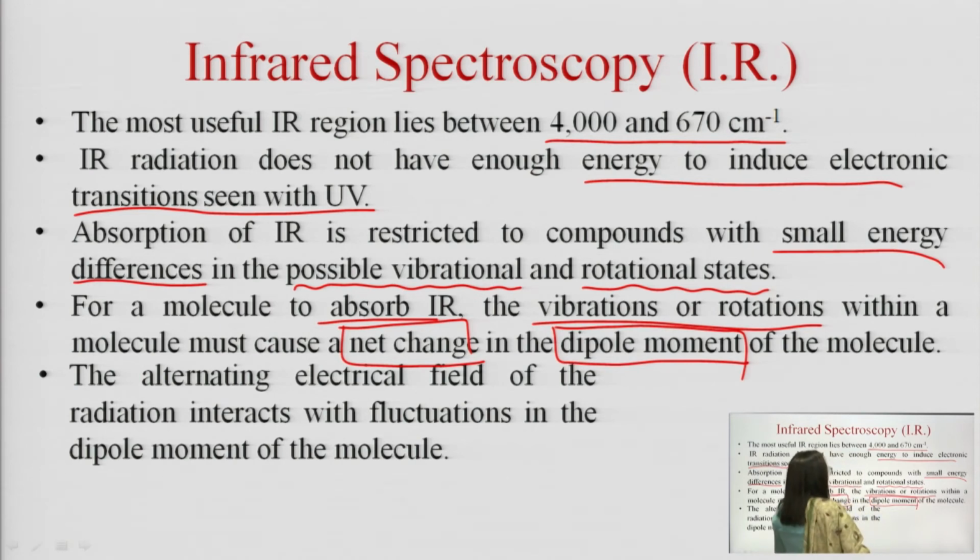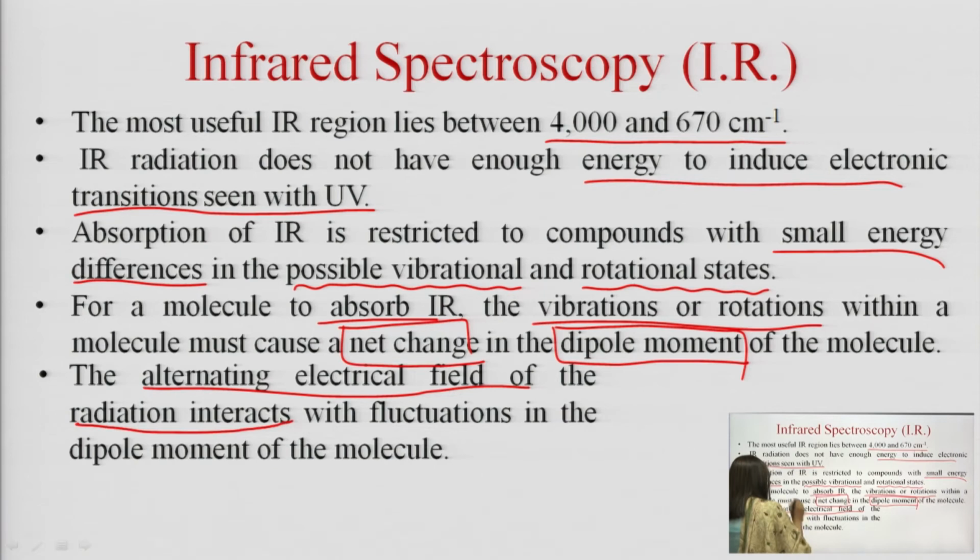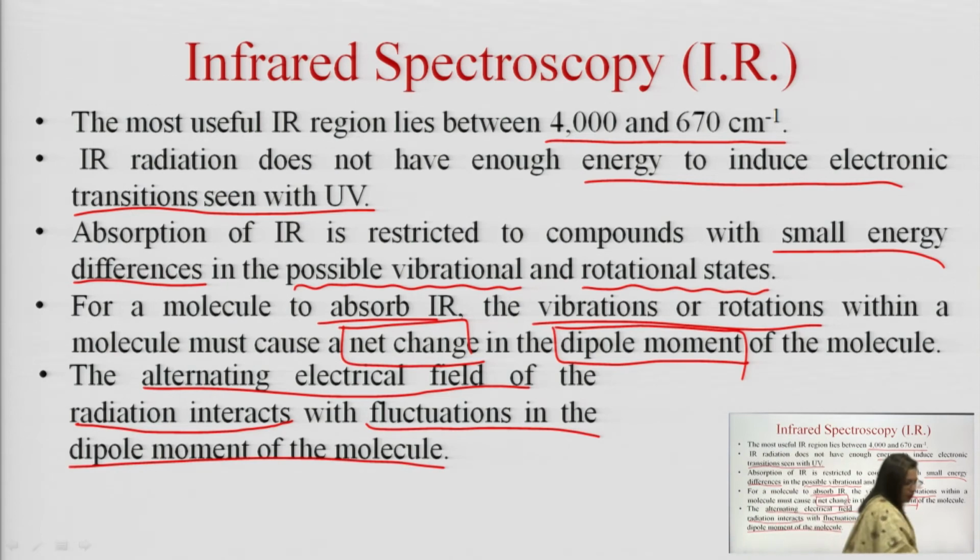So, the instrument identifies the change with respect to the change of the dipole moment of the molecule. The alternating electrical field of the radiation interacts with the fluctuation in the dipole moment of the molecule.